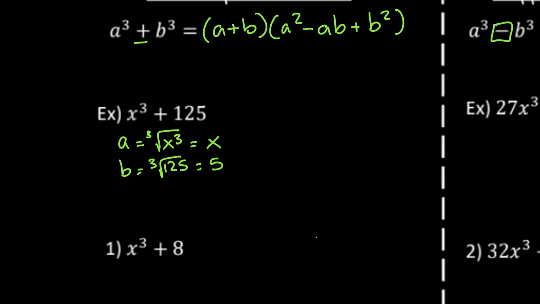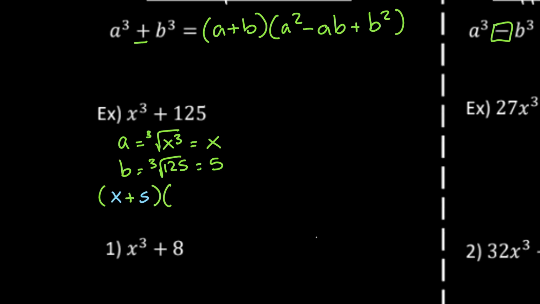Knowing these two values, all I have to do from here is just plug them into our formula. So our formula has us putting what first? A, which is what? X plus, what's b?